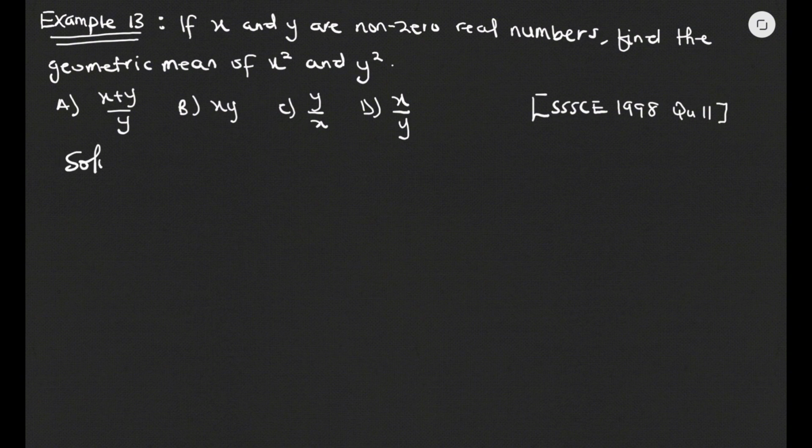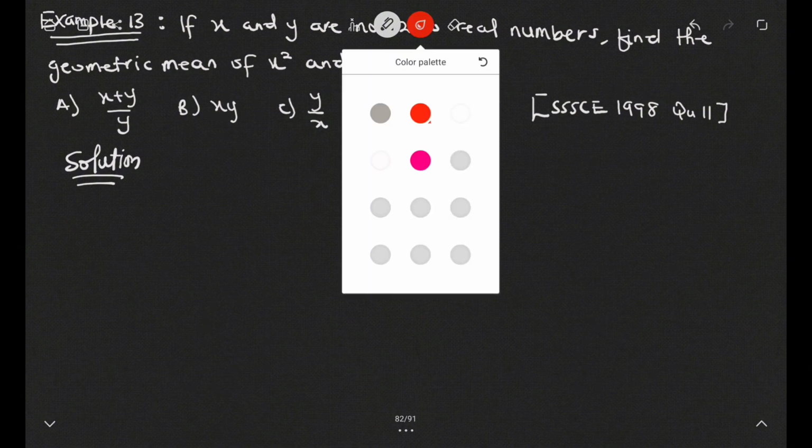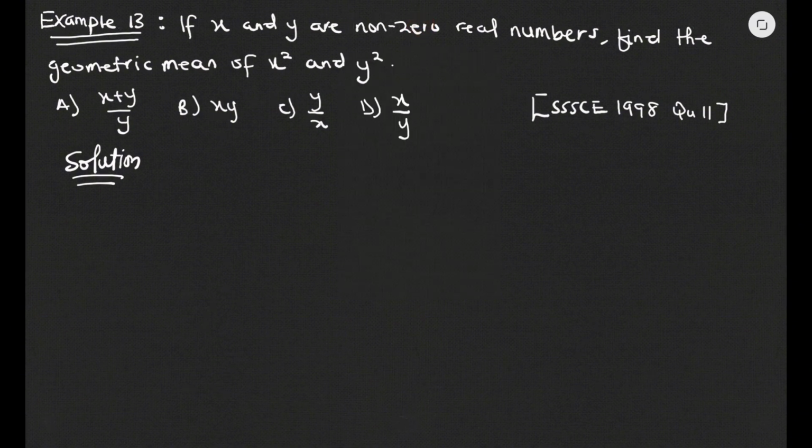All right, so let's look at the solution to this problem. Now the question said, if x and y are non-zero real numbers, we are to find the geometric mean of x squared and y squared. Before we are able to solve this question, we should understand what it means to say geometric mean. What is the meaning of that particular word?